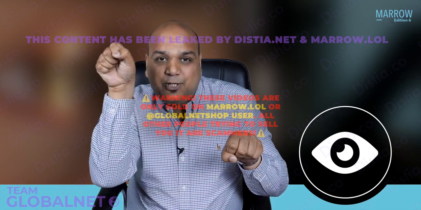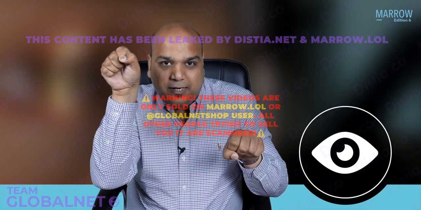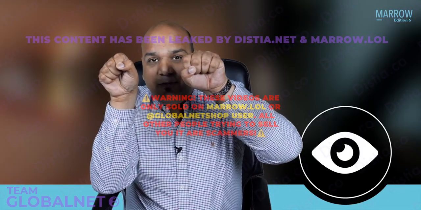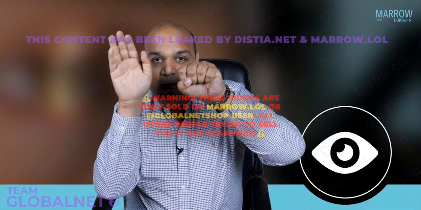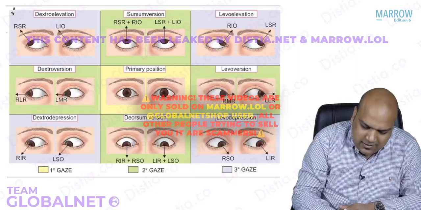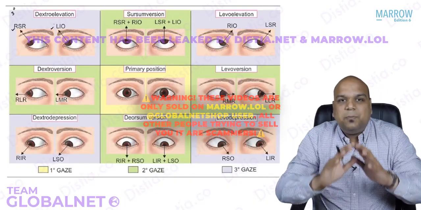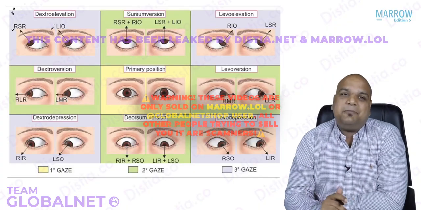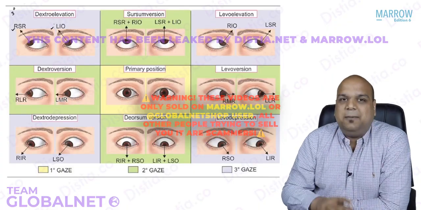Elevation in abduction is an action of superior rectus, right superior rectus. Left eye elevation in adduction, a feature of inferior oblique. So dextro elevation is by right superior rectus and left inferior oblique, everybody. And this you will be able to see in this image. So basic complete revision of your yoke muscles along with the directions of gaze. Okay. So this is the example for you.